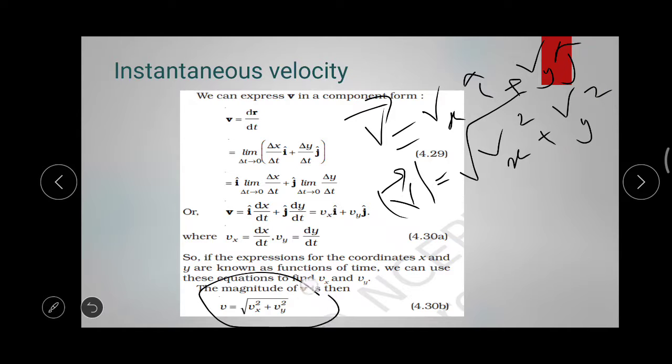This is the magnitude of the resultant vector v in terms of the component vectors vx and vy.